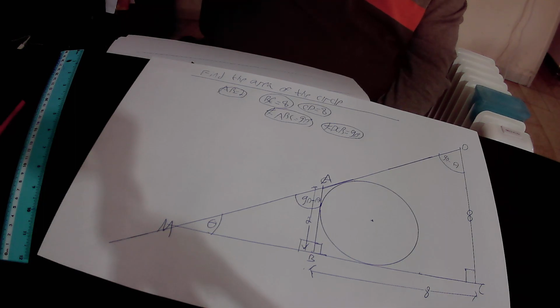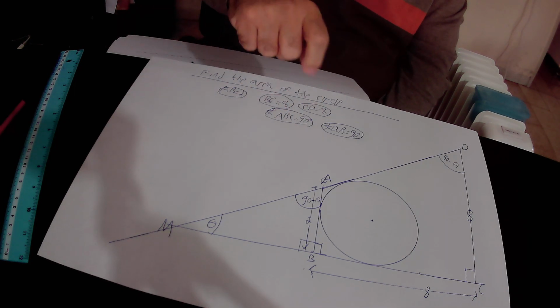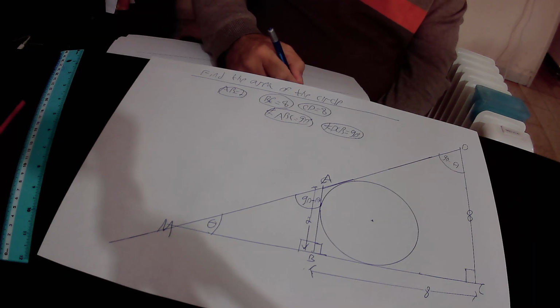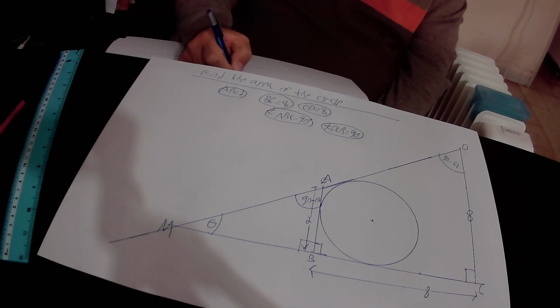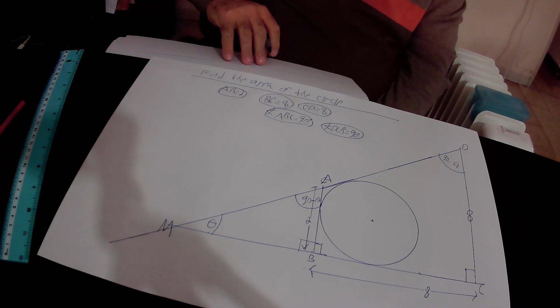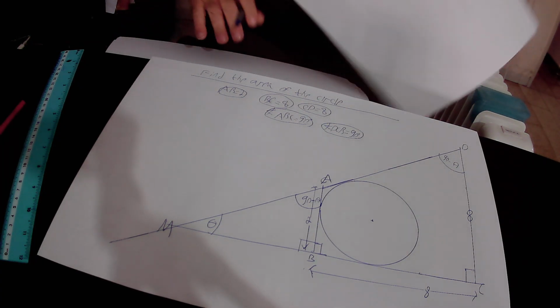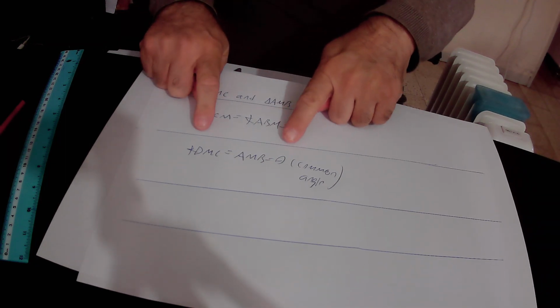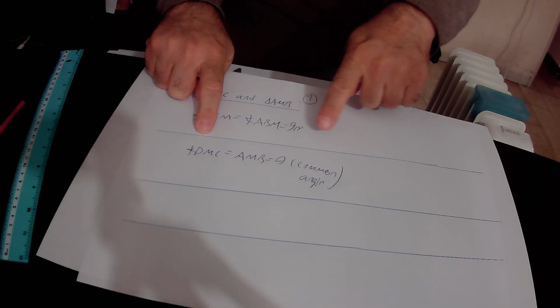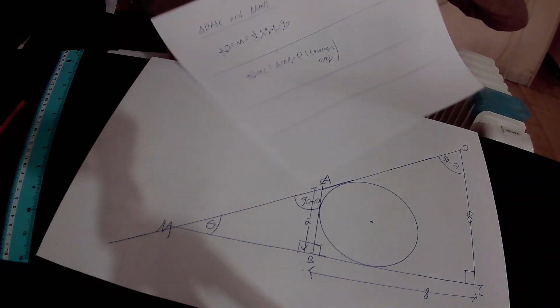Angle theta can be defined also as angle AMB. This equation means that angle theta equals itself. It's a common angle that belongs to both triangles.